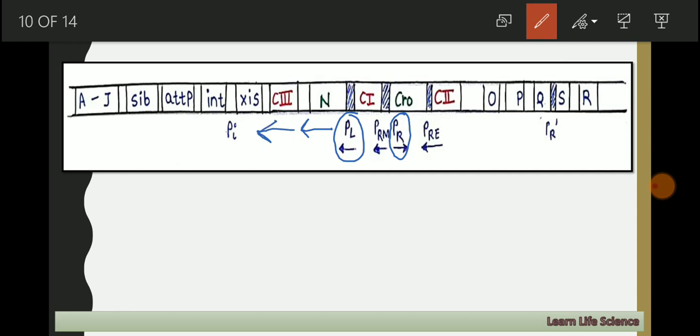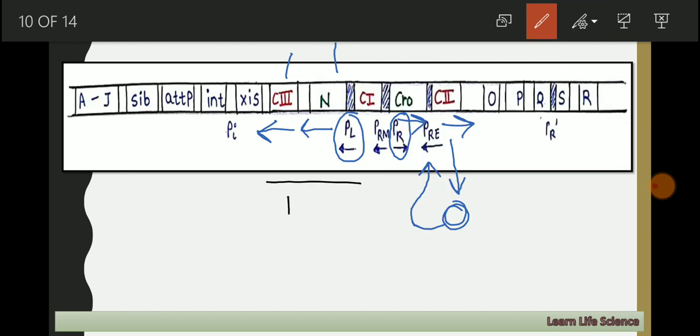Okay, then PR promoter will initiate transcription of CRO gene and then of C2 gene. Okay, and if you remember their function, N is the anti-terminator, C3 is going to stabilize C2, and now C2 is going to act as an activator for C1 promoter by giving PRE its ability to get recognized by RNA polymerase. Means what?